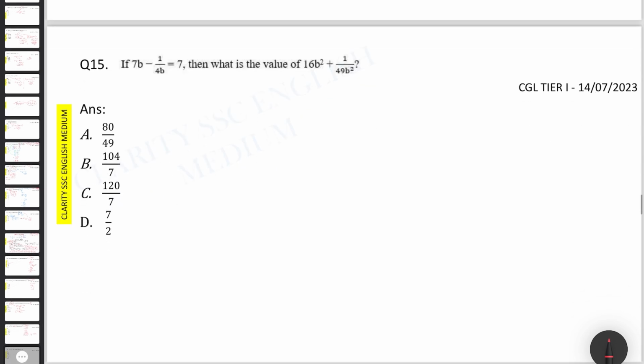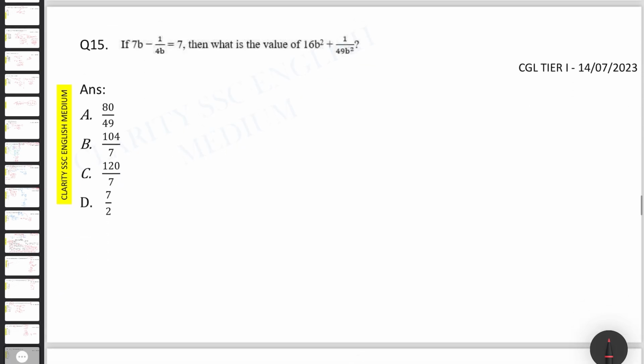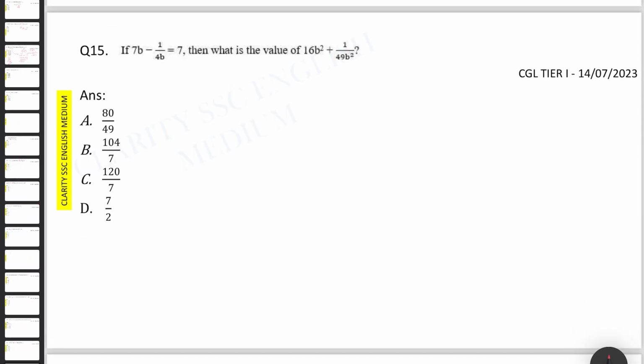Let's see the next question. Let's see the question number 15. 7b minus 1 by 4b is equal to 7. Then find the value of 16b square plus 1 by 49b square. So see this. 16b square is nothing but 4b whole square, and 49 is nothing but 7b whole square.